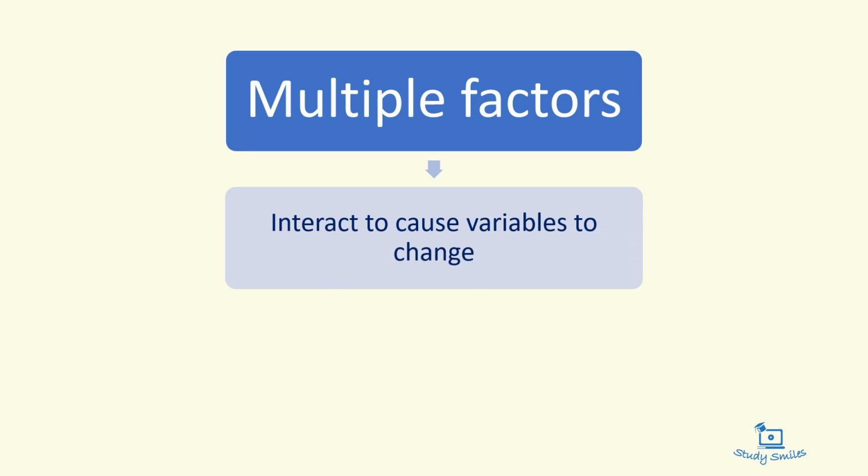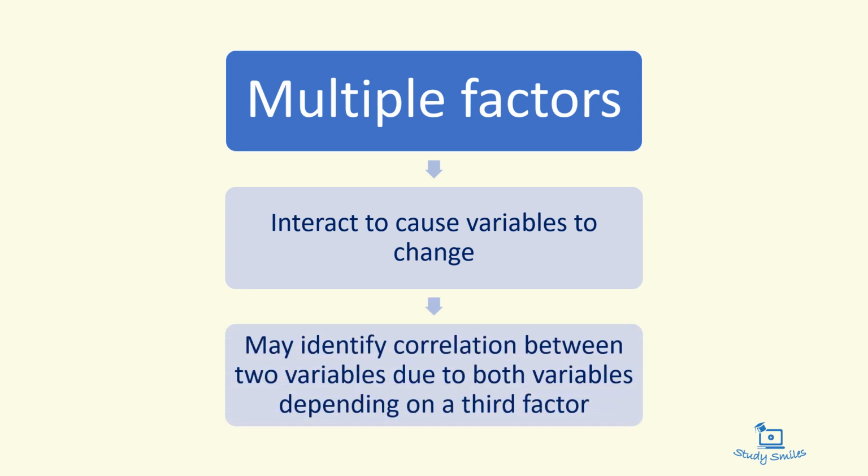So we may identify correlation between two variables due to both variables depending on a third factor. The example we looked at earlier with ice cream sales and the number of shark attacks had another factor involved: hot weather. So this was an example where multiple factors were involved.